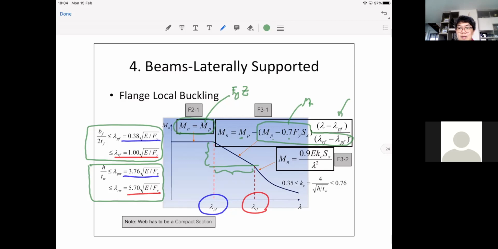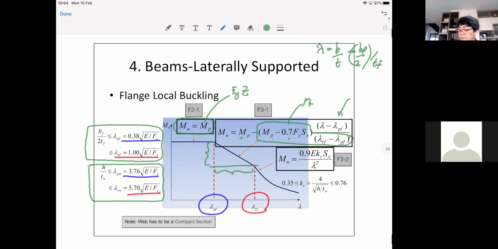If your lambda is less than lambda p, your lambda is of course the slenderness ratio of your element. It's b over t, and for the flange is bf over 2 then divided by tf, right? If your lambda is less than lambda p, you should say right away that your nominal moment is equal to Mp, right?